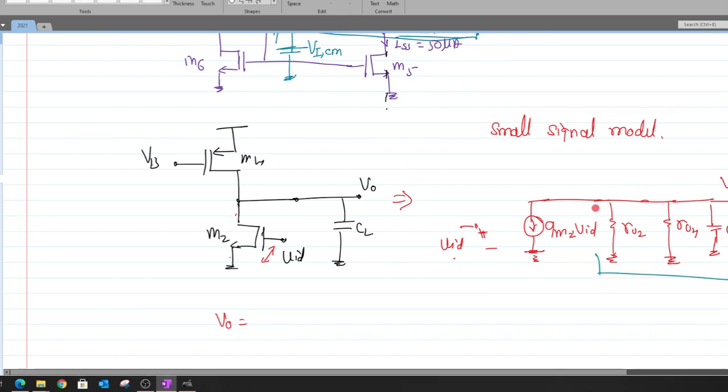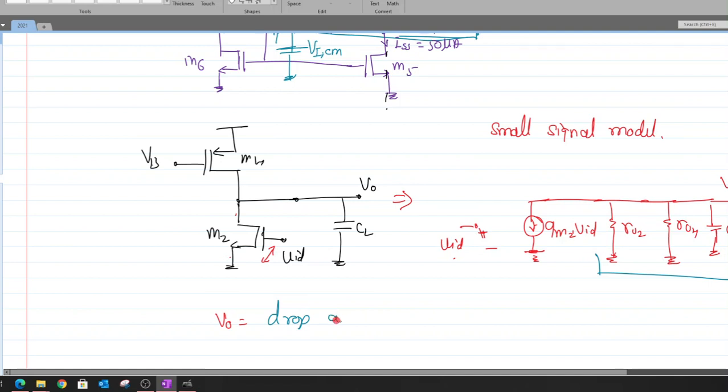There is a total output impedance which can be evaluated as a parallel combination of RO2, RO4 and the impedance imposed by this capacitive load CL. The current that flows across this impedance is GM2 times VID.